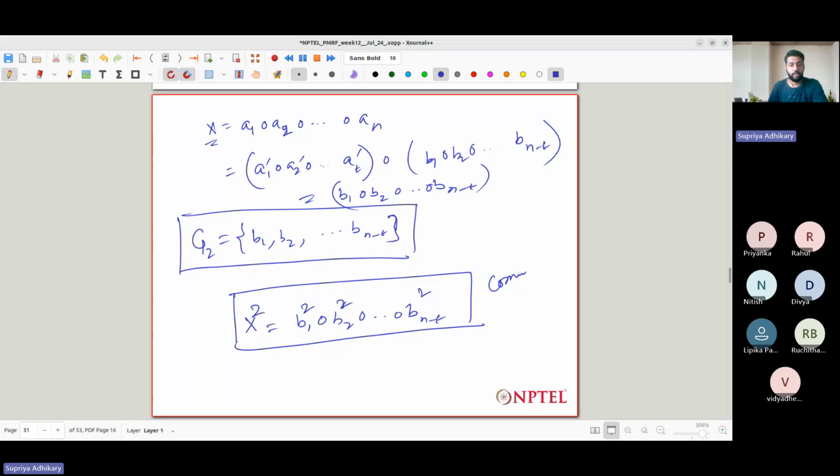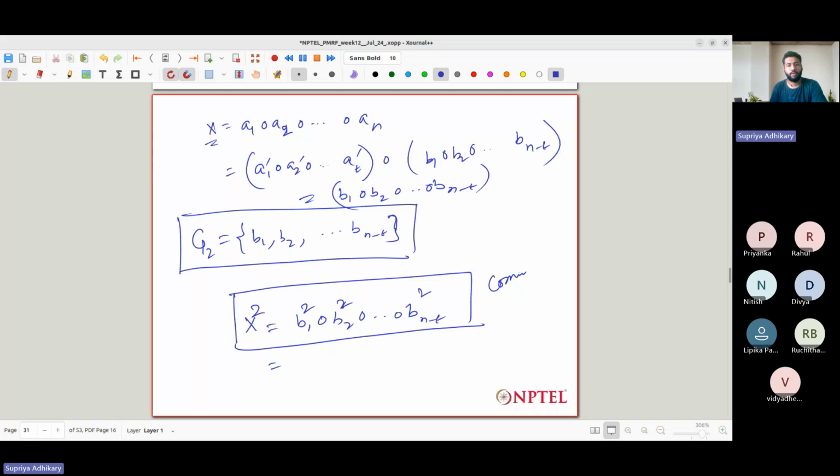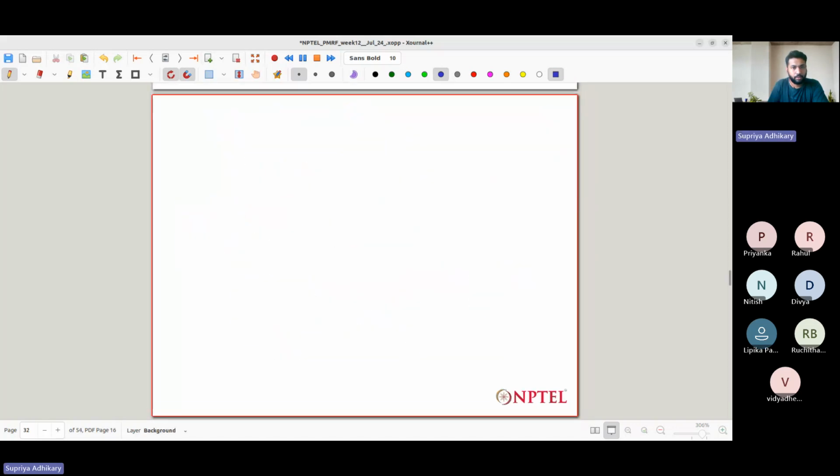Now we know that each of B1, B2, B3 is in G2, and the property of G2 is that if we square those elements, we get the identity element. So this is the composition of identity elements only, which finally gives us the identity element. From here, we have established that X squared is the identity.